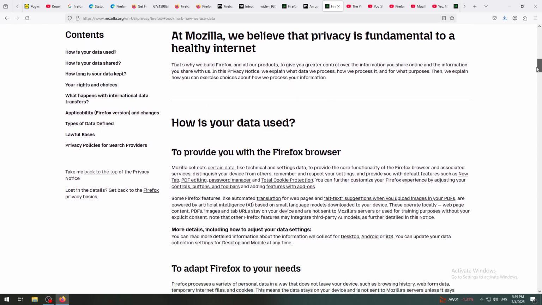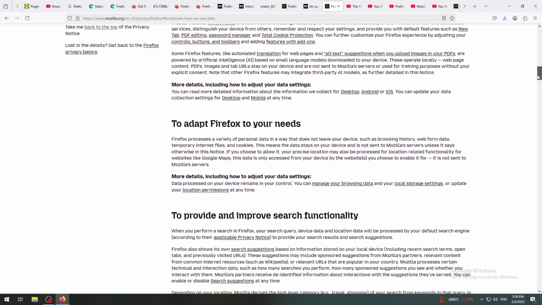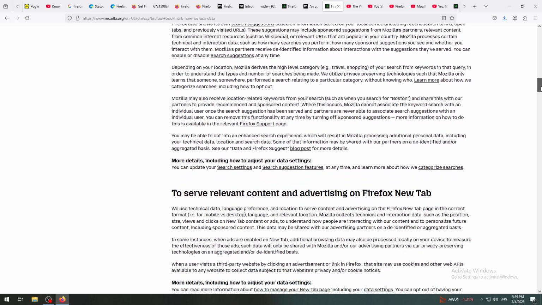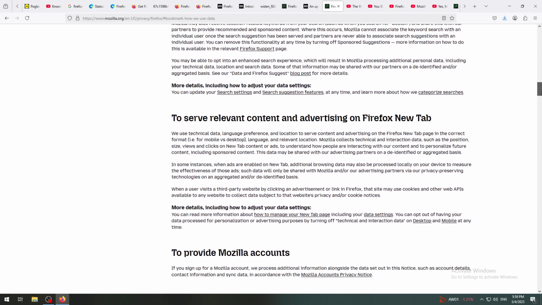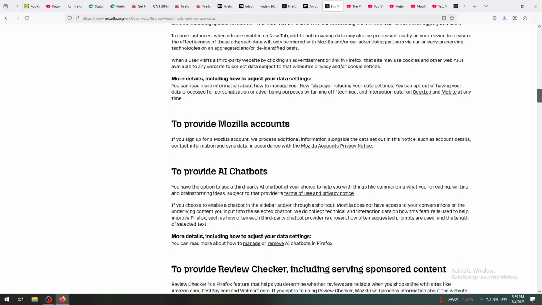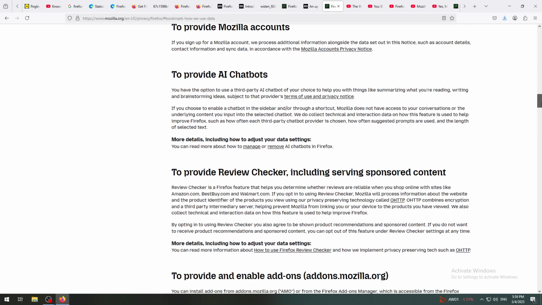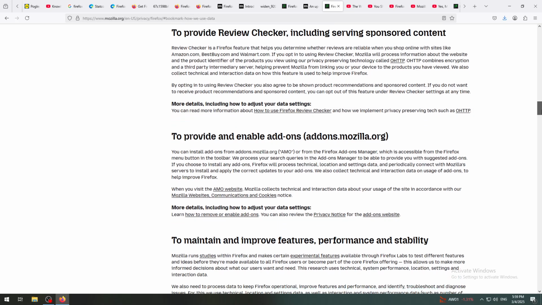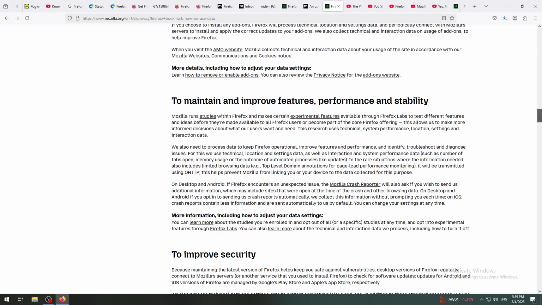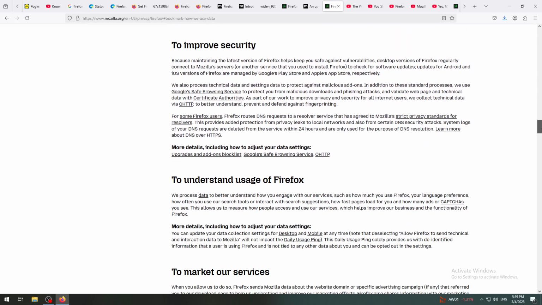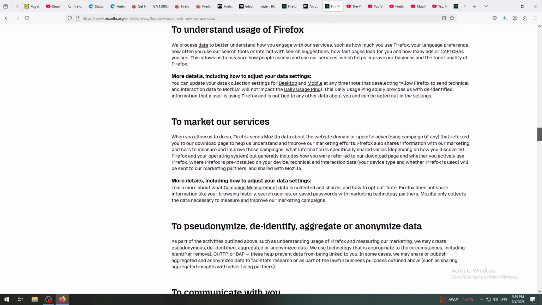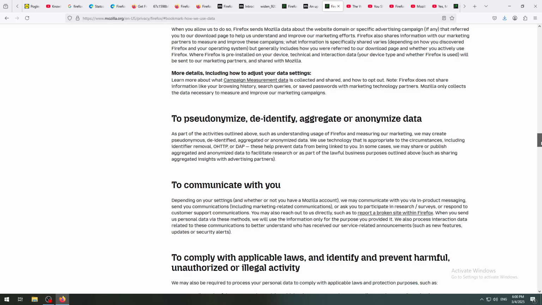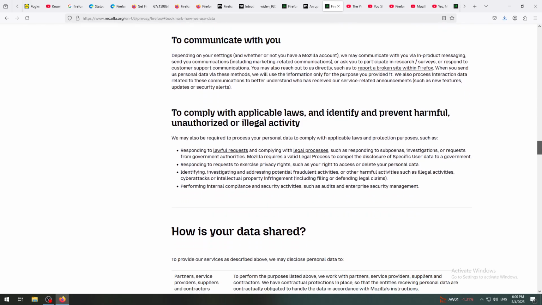To provide you with the Firefox browser, to adapt Firefox to your needs, to provide and improve search functionality, to serve relevant content and advertising on Firefox new tab, to provide Mozilla accounts, to provide AI chatbots, to provide review checker, including serving sponsored content, to provide and enable add-ons, to maintain and improve features, performance and stability, to improve security, to understand usage of Firefox, to market our service, to pseudonymize, de-identify, aggregate, anonymize data, to communicate with you, to comply with the laws, and so on.